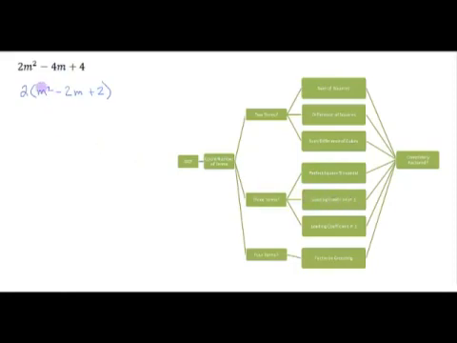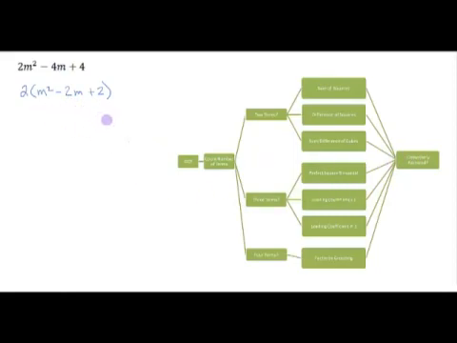Leading coefficient is 1. Yes, since we factored out that GCF, the leading coefficient is 1. So this is the case where we want to find factors of C that add to B. Is there anything that we can multiply together, two numbers that multiply together to be 2 and add together to be -2? No. So that means we are completely factored.